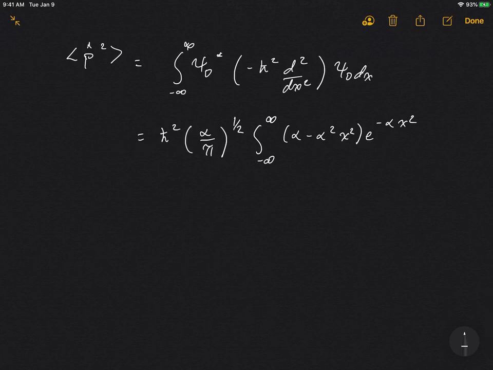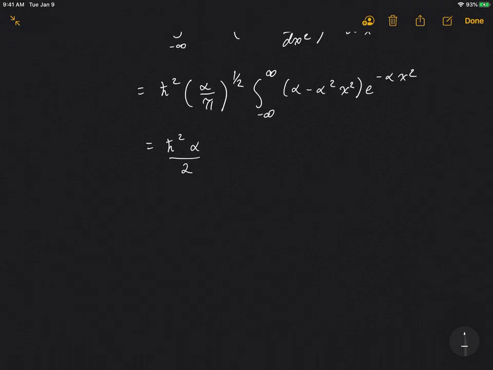Then this can be integrated, and we end up with h bar squared alpha over 2. And that is for momentum squared.